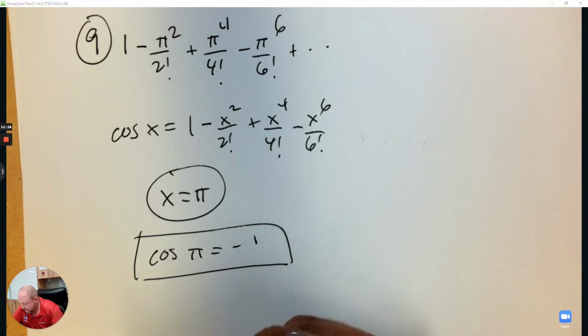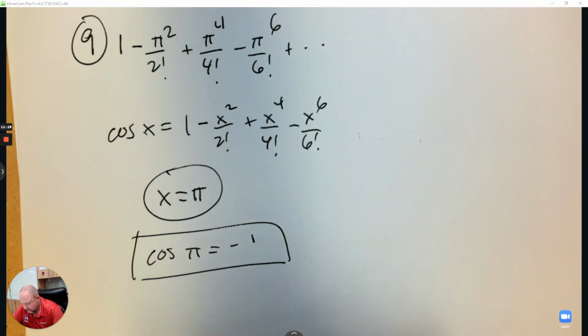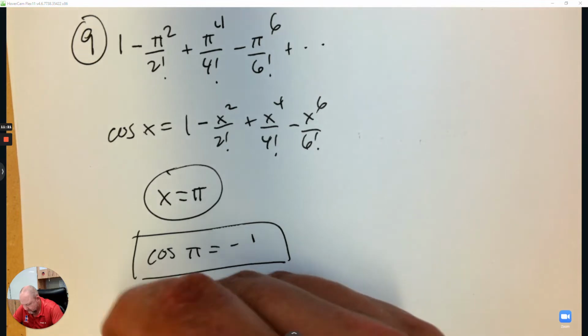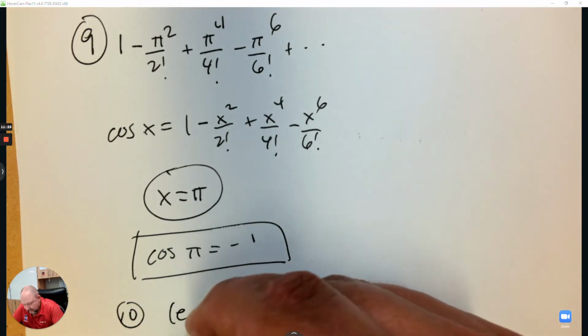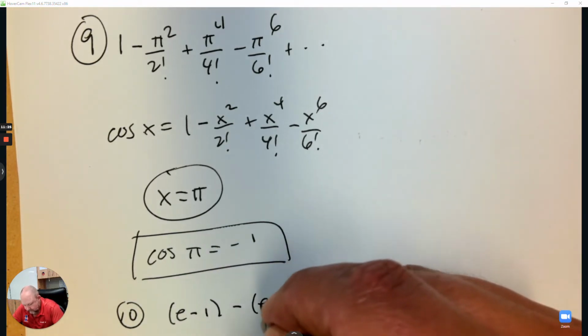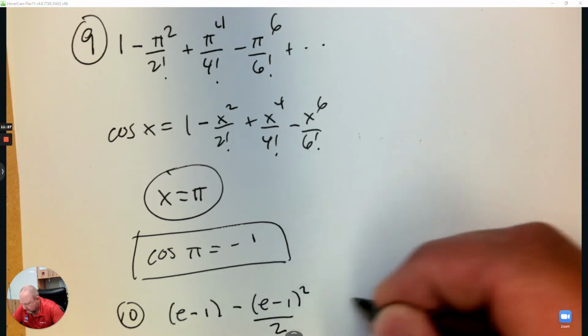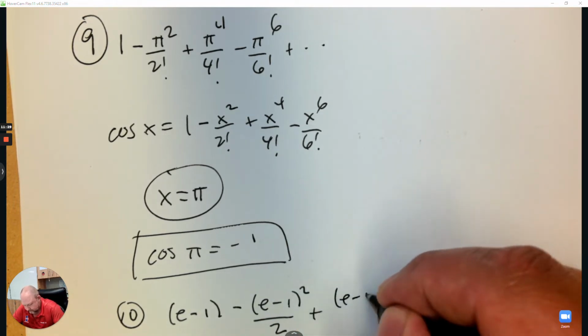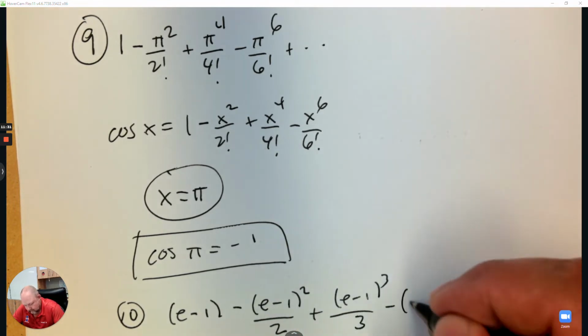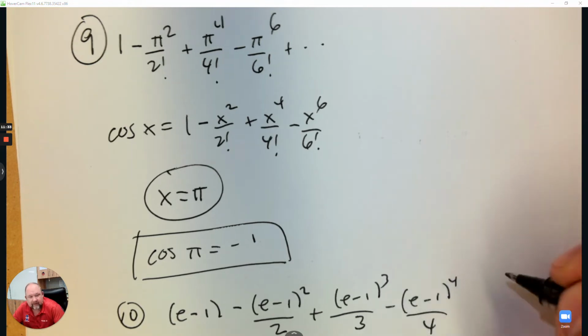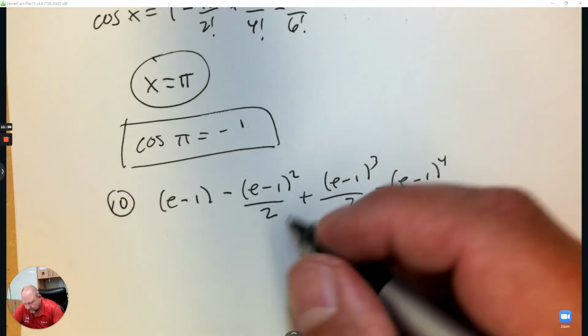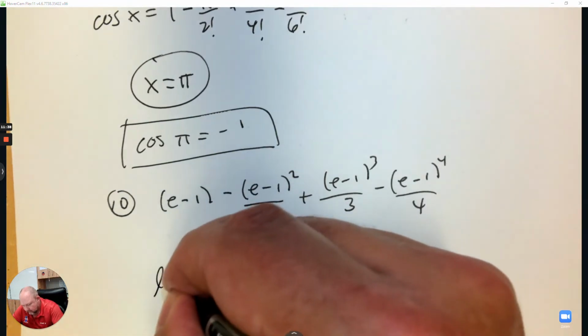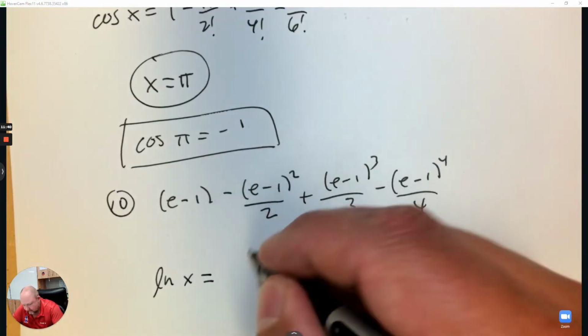Number 10. So e minus 1 squared over 2. This looks like a logarithm. If it was e, then it would have factorials on the bottom. So what's the ln again? What is the pattern?